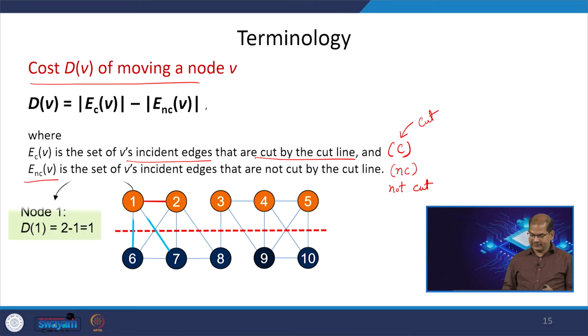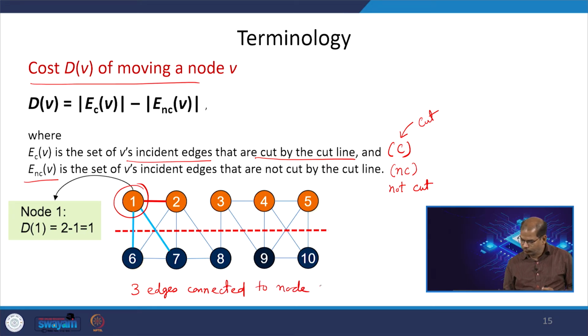If I take an example, let us consider node 1. How many incident edges are there? There are 3 edges connected to node 1. Now, how many are cut by the cut line? That gives E_c. Here this is 1 and this is 2, so E_c is 2.